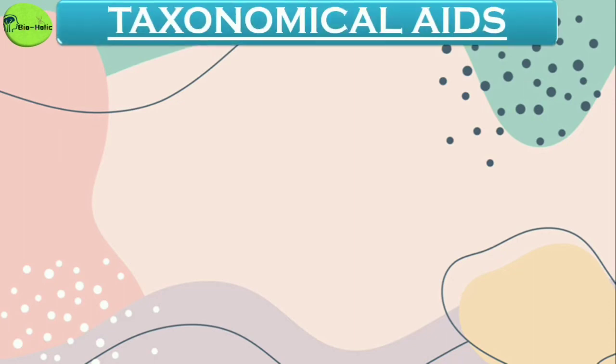Now, moving on to the next part of this lecture, which is taxonomical aids. So we have already understood that the systemic study of diverse organisms is very much beneficial for human beings, as humans can exploit this knowledge of various species of plants, animals and other organisms in different fields like agriculture, forestry, fishery, etc. and can also understand different bioresources existing on Earth.